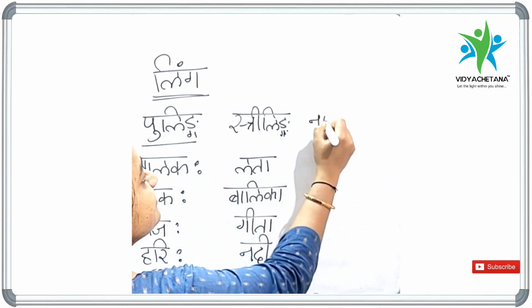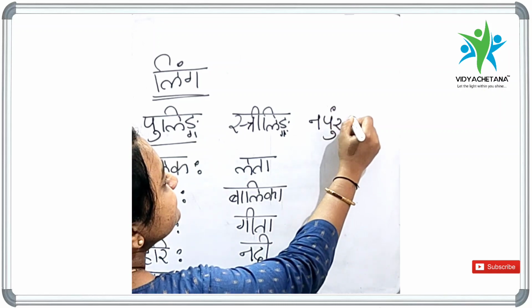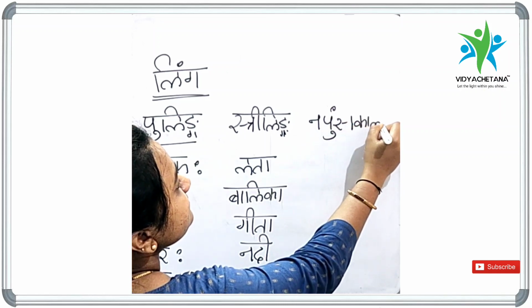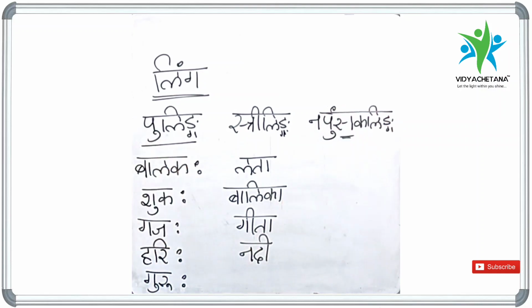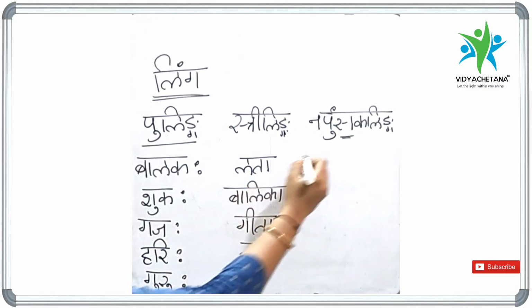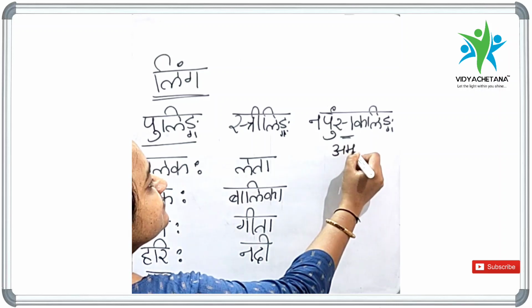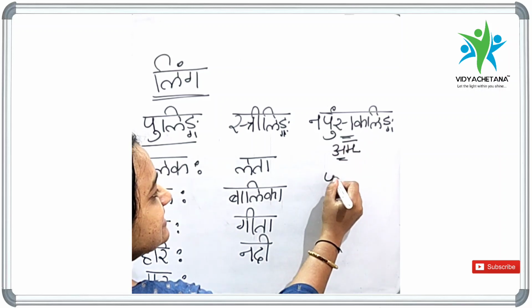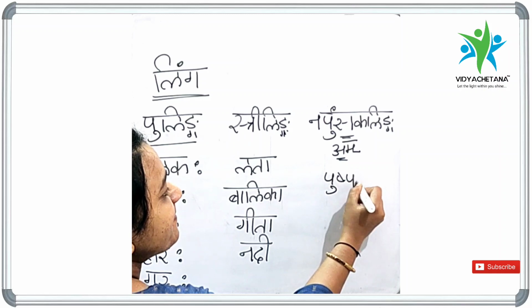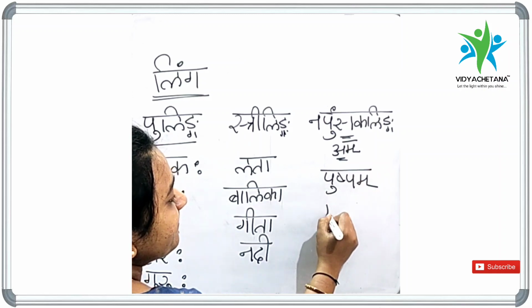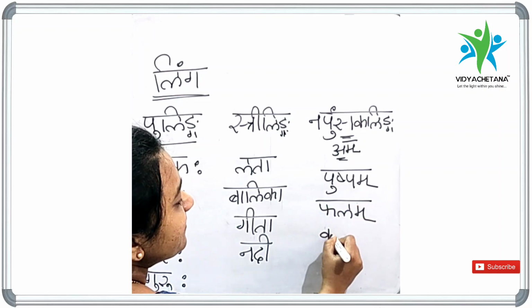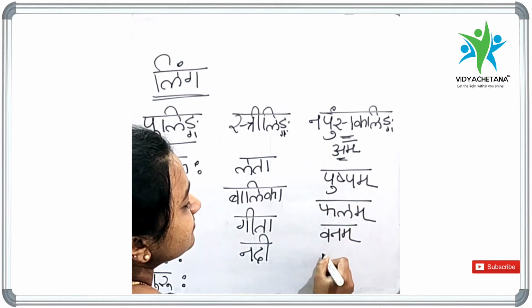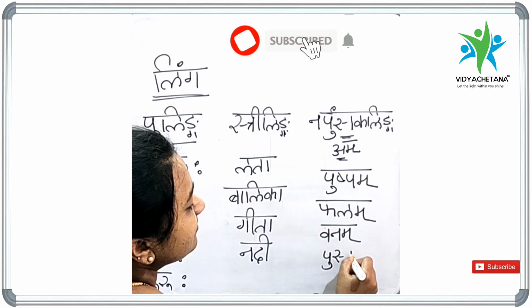And the next gender, Napumsakalinga. Napumsakalinga words generally end with the letter m. Examples: Pushpam, Phalam, Vanam, Pustakam.